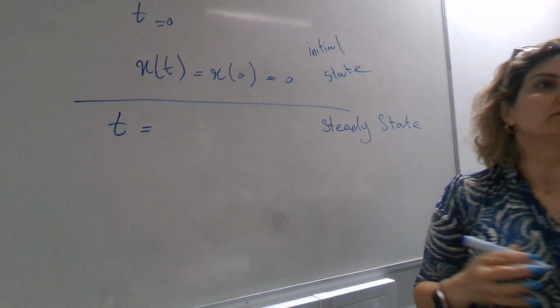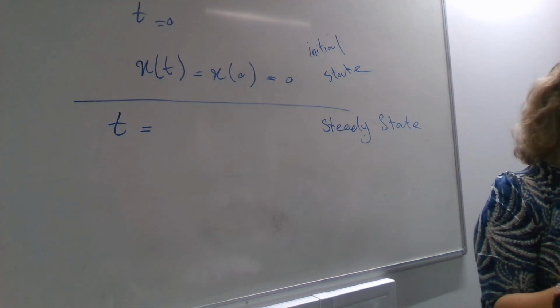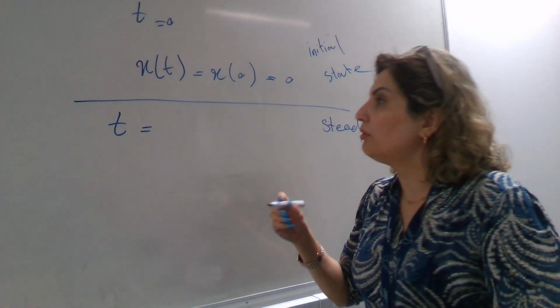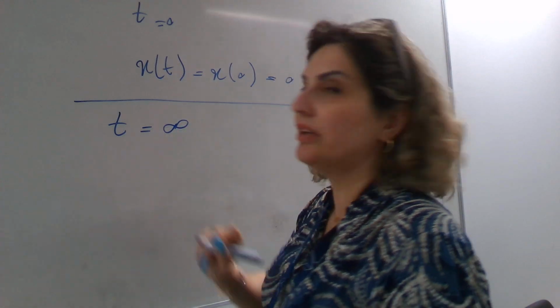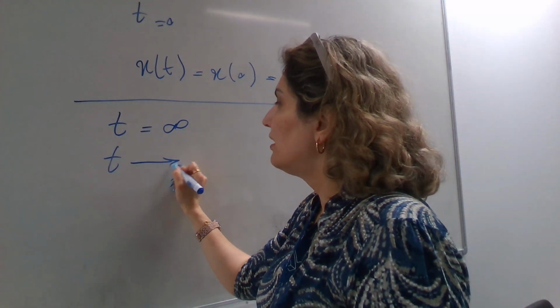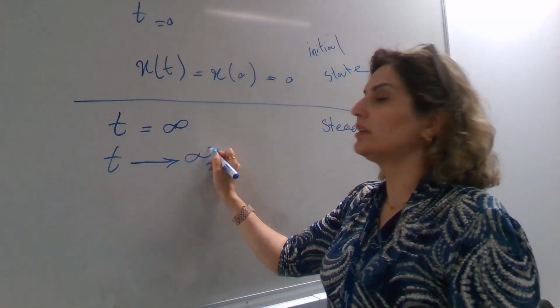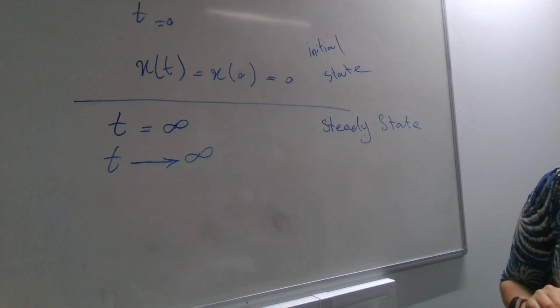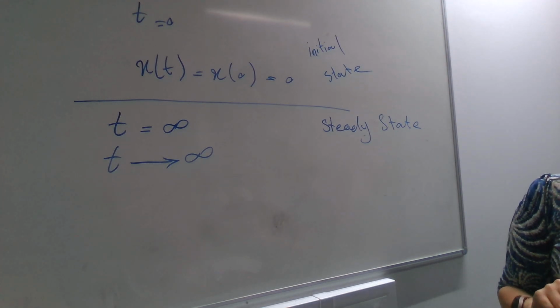Do we know that? We don't know, right? So if we don't know, we are going to put infinity, or we say time going to infinity. So in that case, what will be the value that I have?